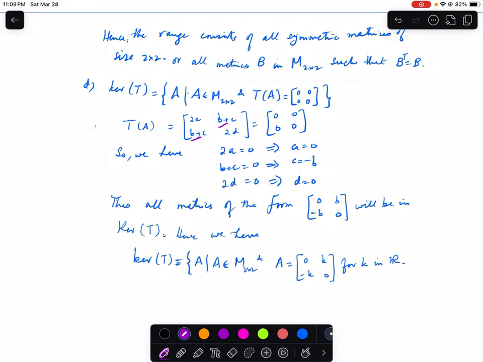The first gives me a is 0, and the third gives me d is 0, so a and d should be 0, but in the b and c places we can have b and negative b, so a number and its opposite on this diagonal. So these types of elements will be mapped onto the 0 matrix, and this will give us the kernel of the transform.